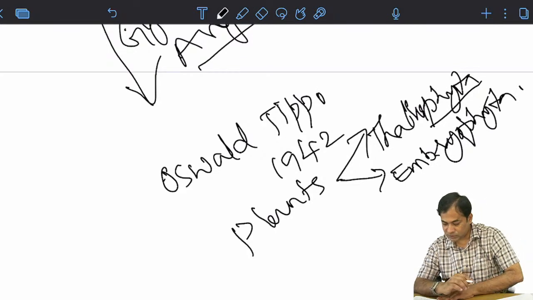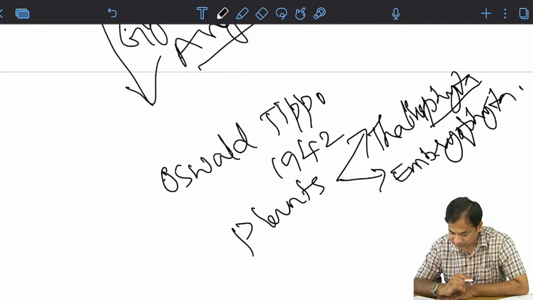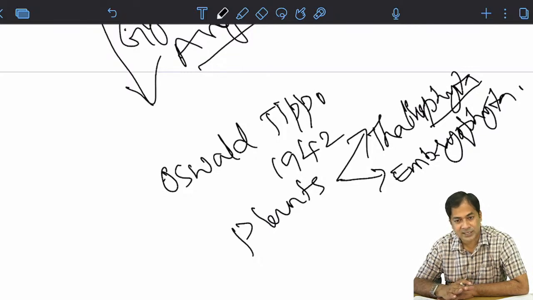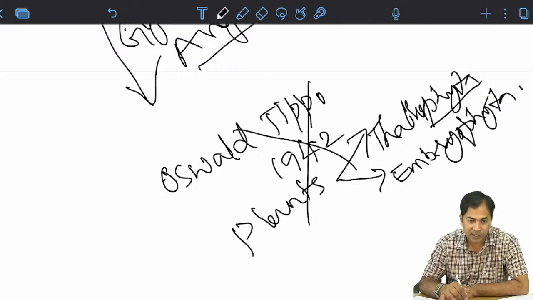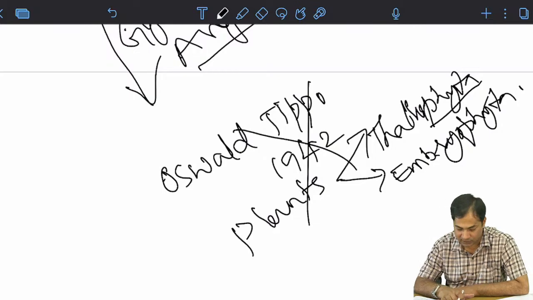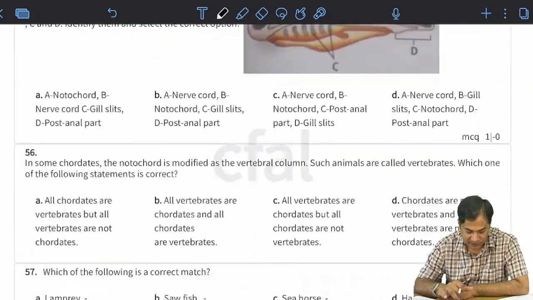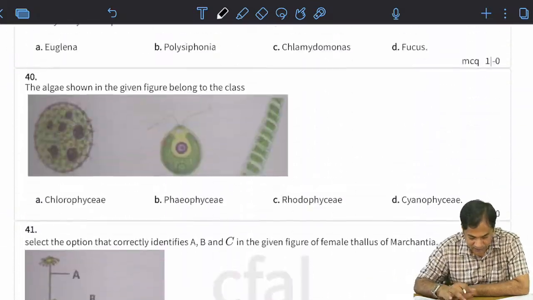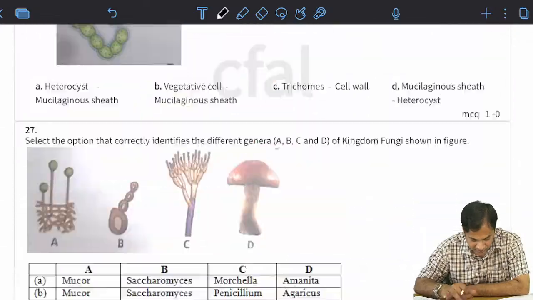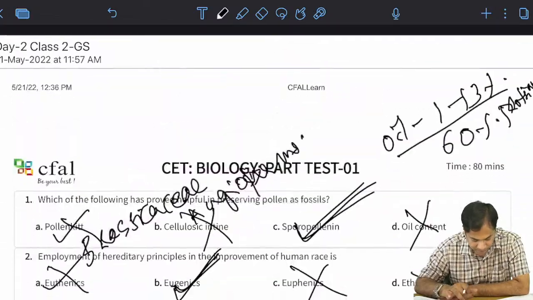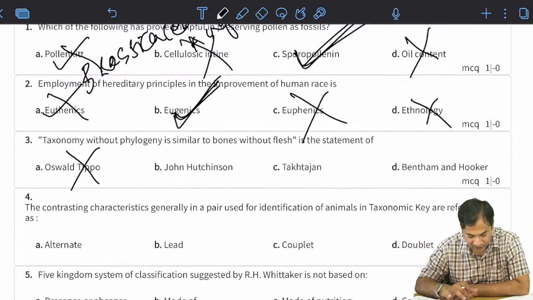So he cannot be correct because he did not mention phylogenetic relationship at all. So Oswald Tippo is a wrong answer. Let us see the next option, that is John Hutchinson.